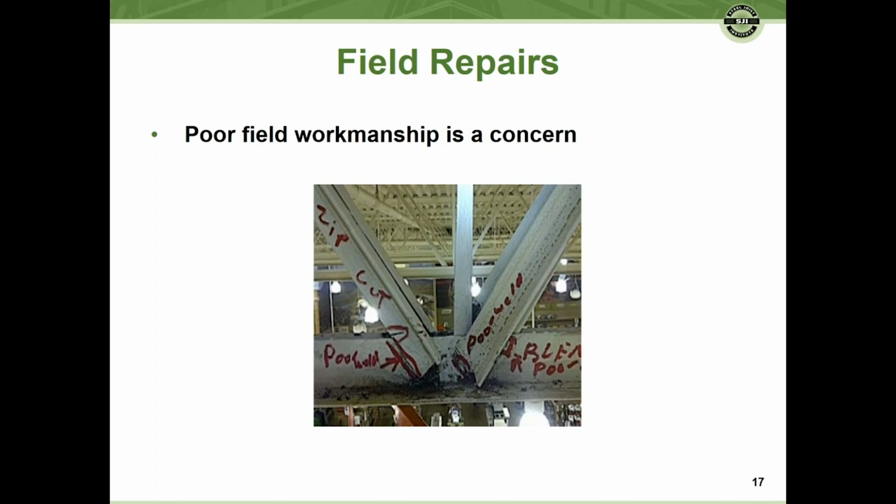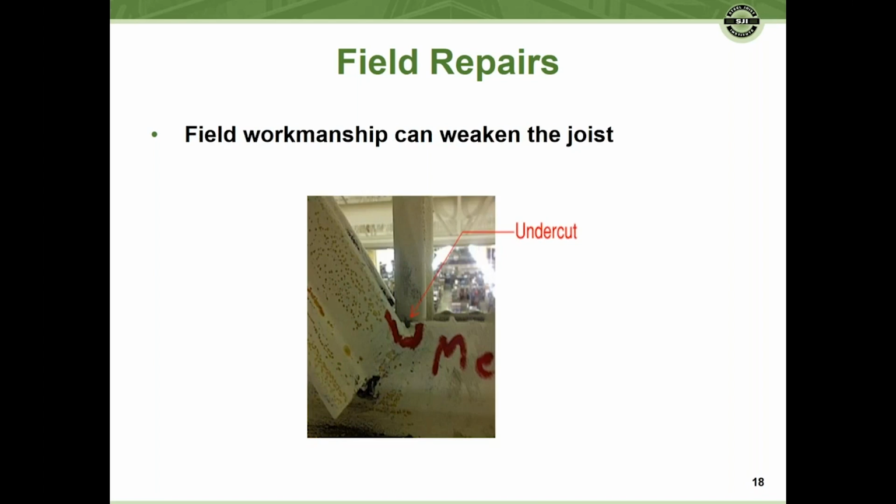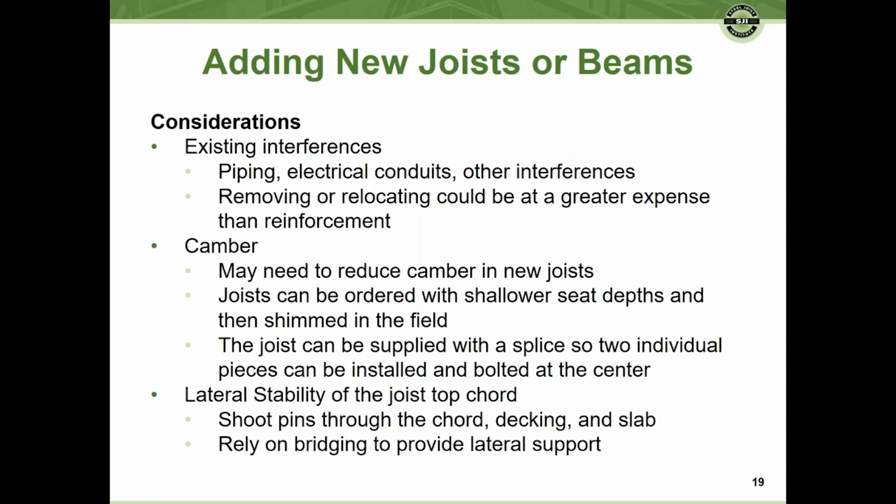So then we had to do a repair to the repair, which really makes a mess out of things. Poor workmanship can actually weaken the joist. You can see here where this bottom chord, when they were doing the weld, they undercut the chord, which would weaken the chord, and that would need to be fixed, kind of the repair to the repair situation.